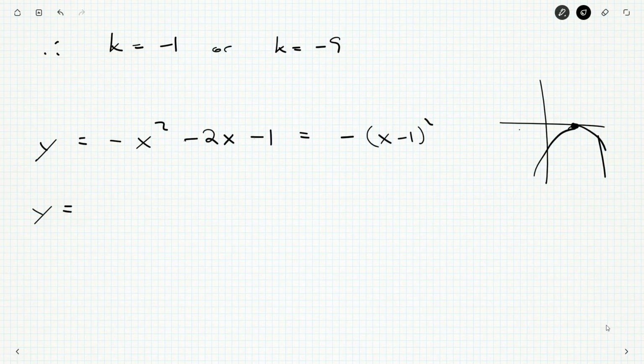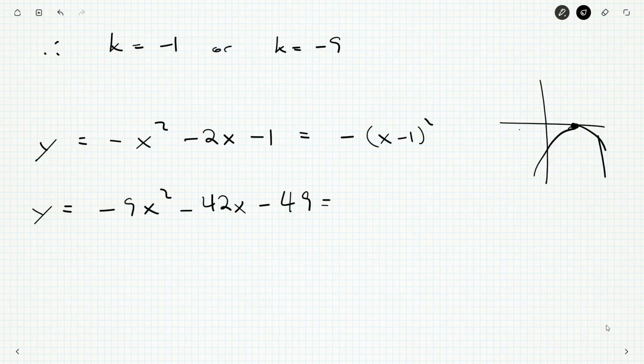And the other one, if you're interested, is minus 9x squared. And then it should be 45 plus 3, or minus 3 is 42. And 6 times 9 is 54. Minus 5 is 49.